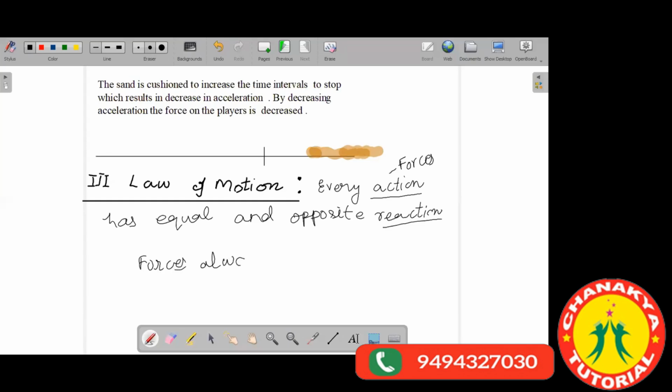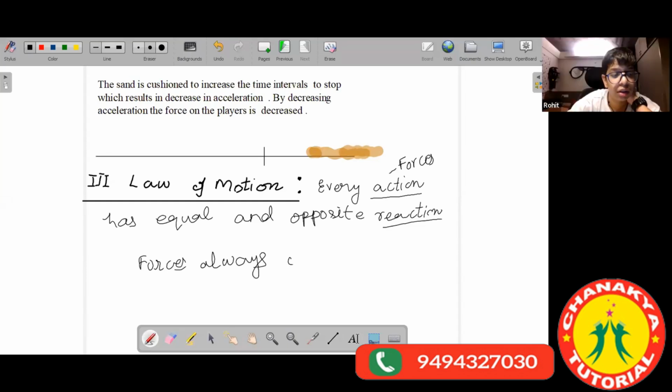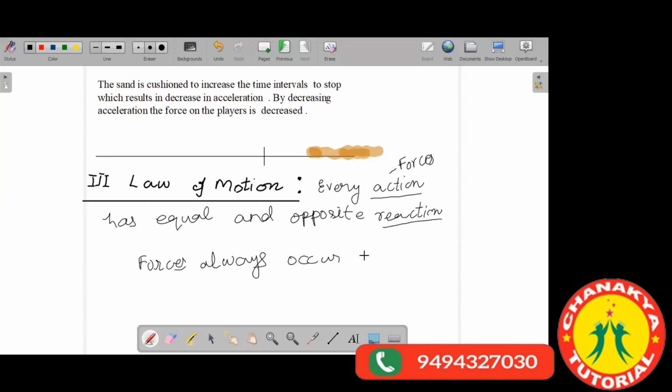Can I say forces always occur in pairs? You can call either of them the action force and either of them the reaction force. Now, to understand this third law of motion, let's do a small activity. You have your floor, and let's say you have a wall over here.